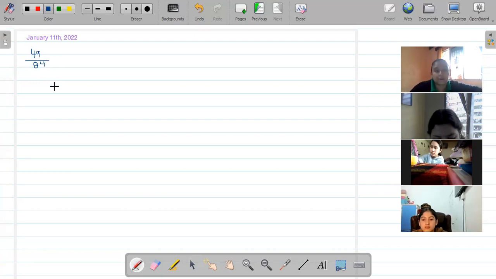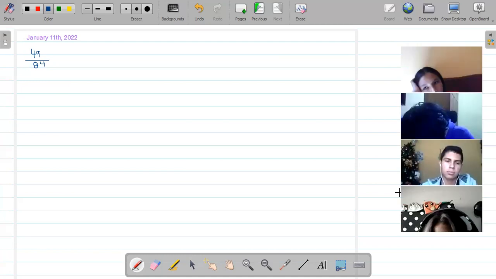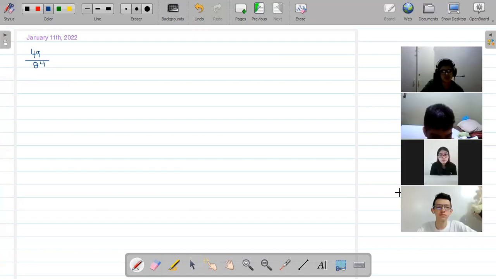So let's simplify. By what number can we simplify this? Is there a number that can divide both 49 and 84 at the same time? No? I see a lot of heads saying no. Well, yes, there is.